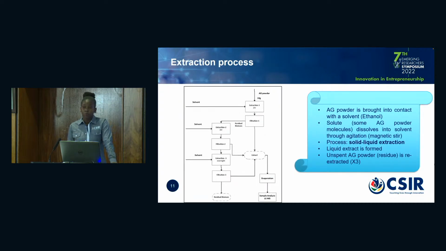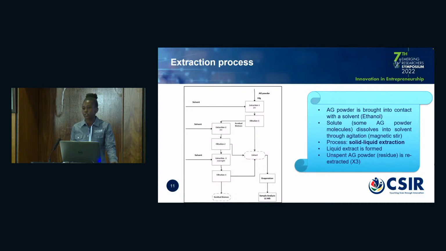The extraction process begins with the powdered African ginger that we milled. This was done for both cultivated and wild harvested African ginger samples. The first step was the first extraction, where 10 grams of African ginger was extracted using 100 mils of ethanol for an hour. After an hour of extraction, the solid liquid mixture was then filtrated.